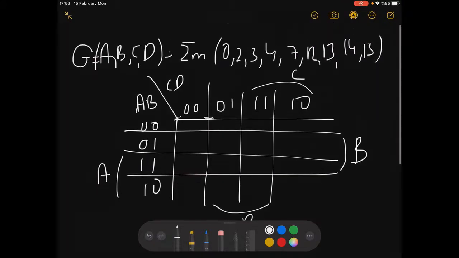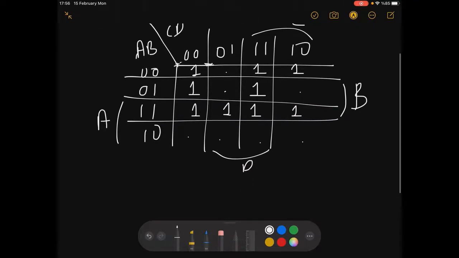Now let's put them in their locations: 0, 1, 2, 3, 4, 5, 6, 7, 8, 9, 10, 11, 12, 13, 14, and 15.